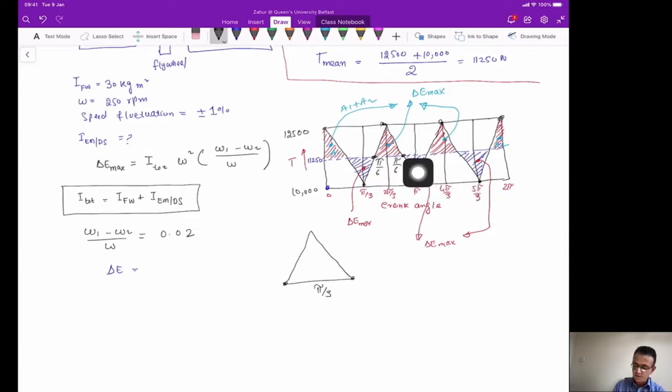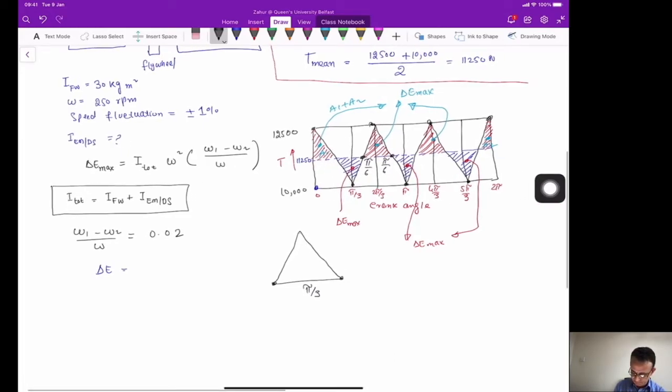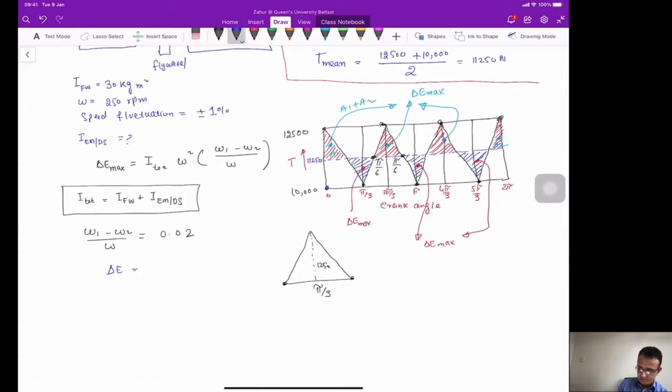And now to calculate the height, the height in this case is 12,500 minus 11,250, which is 1250 here. So the height here is 1250. Then it is straightforward to calculate this area, which is delta E maximum.